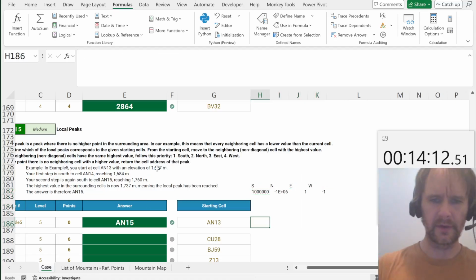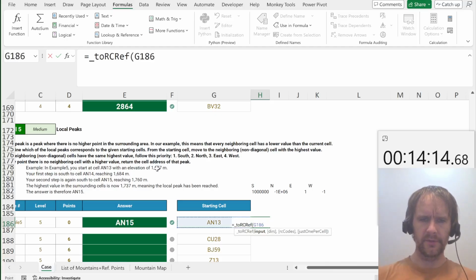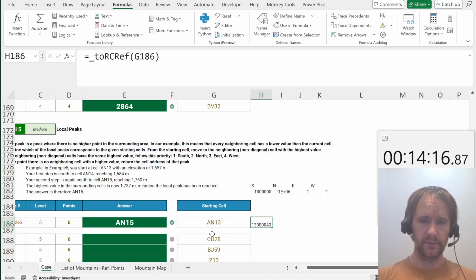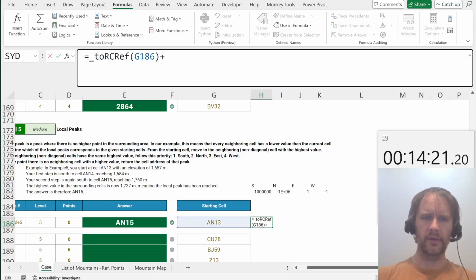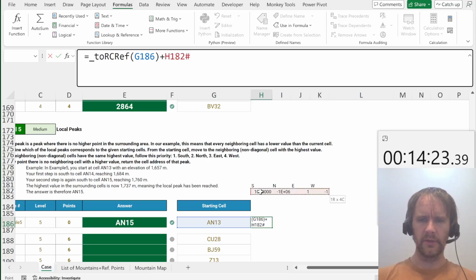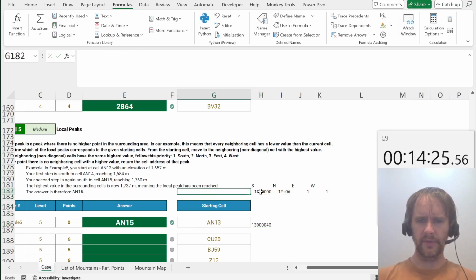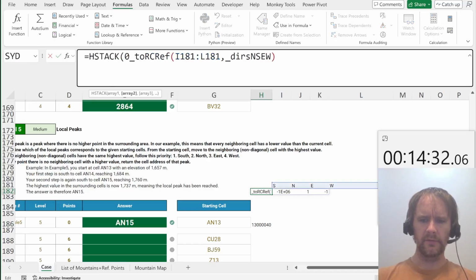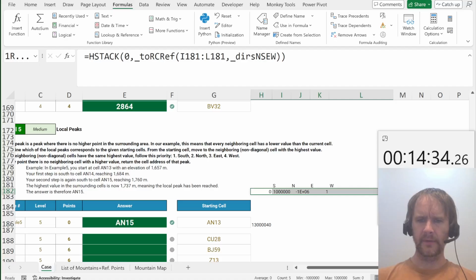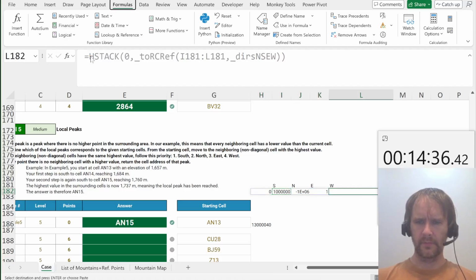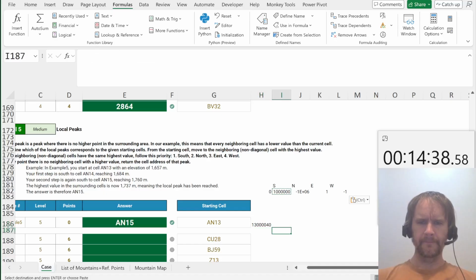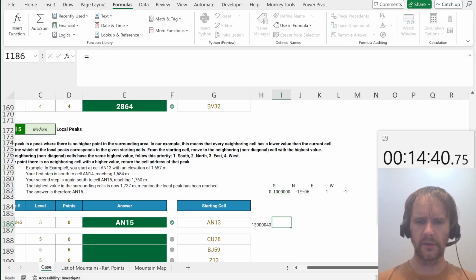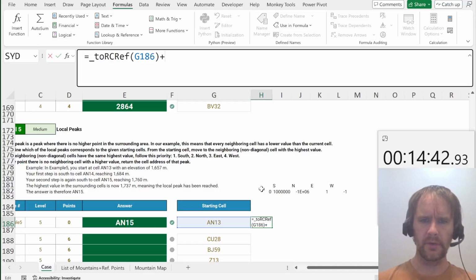Okay, so then I want to say TORC of this converted into an RC reference code, so that's row 13, column 40. Then I want to say plus all of these. Actually, wait, sorry. I think I want to bump that over and let's just HSTACK 0 with this. So then, sorry, I want to say TORC plus all of this.